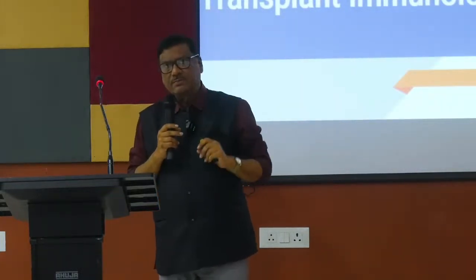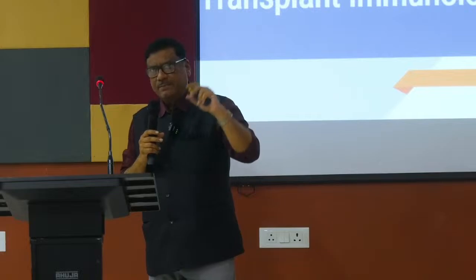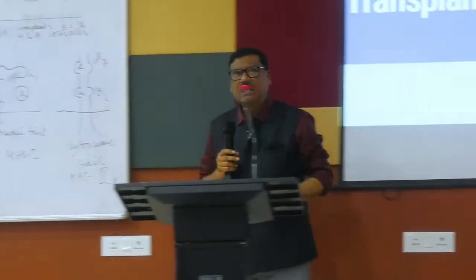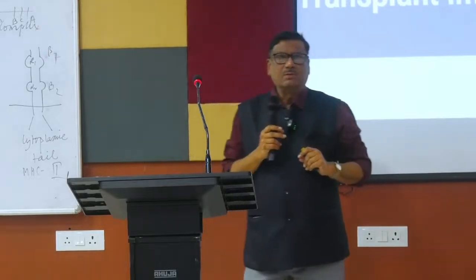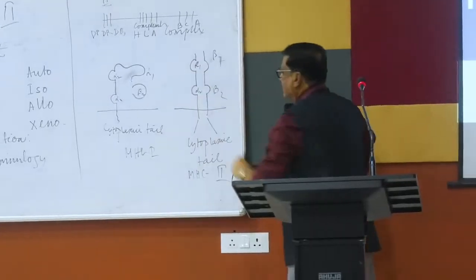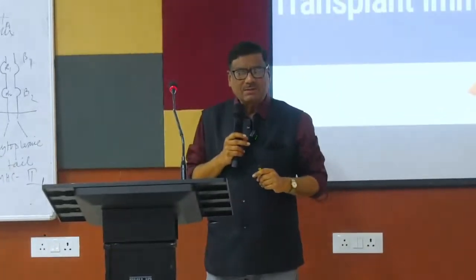Now their genes are typically seen in three particular areas in our chromosome, three loci.